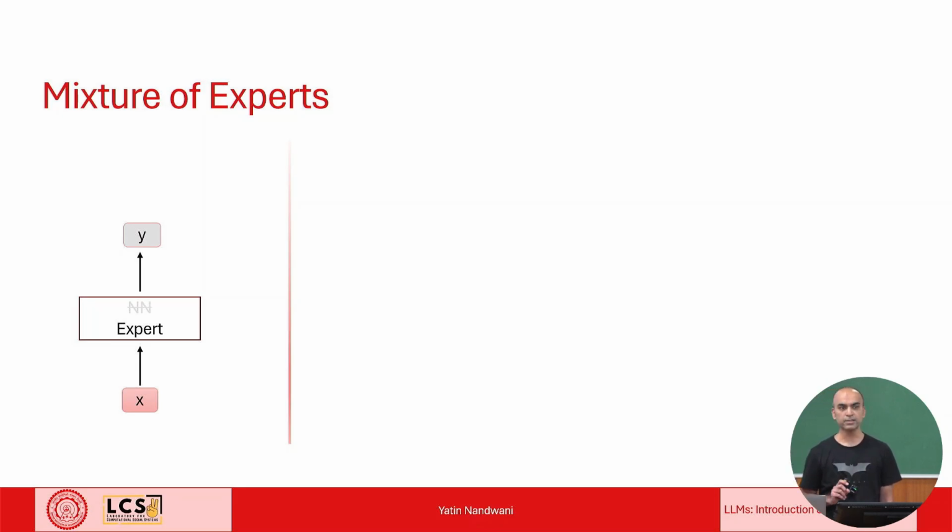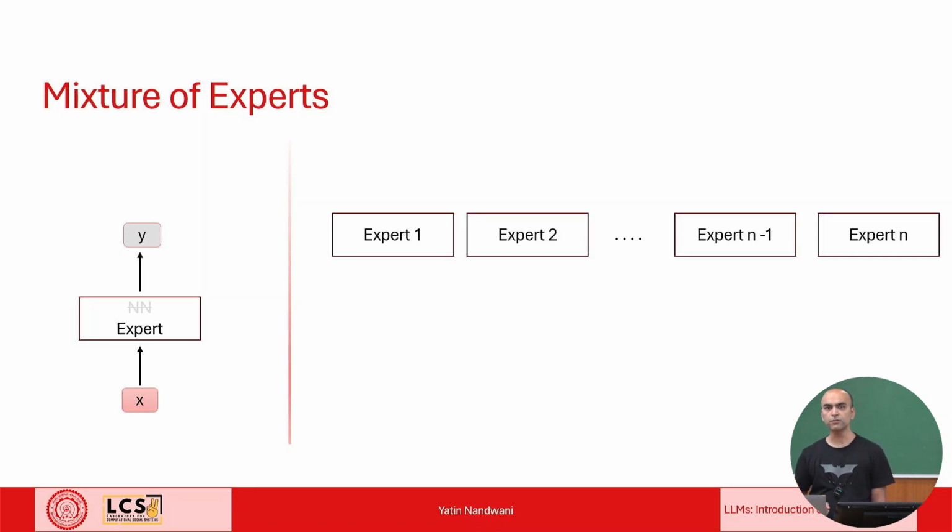It takes an input X and gives you an output Y. Now, in mixture of experts, instead of one model, we have n models or n experts. These could be simple MLPs or an SVM, or whatever.